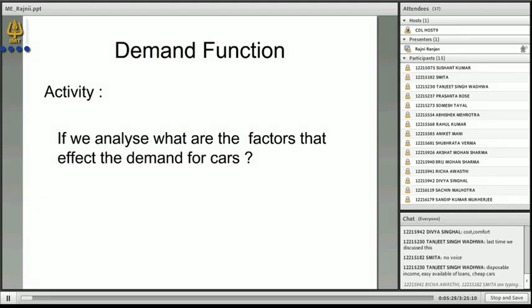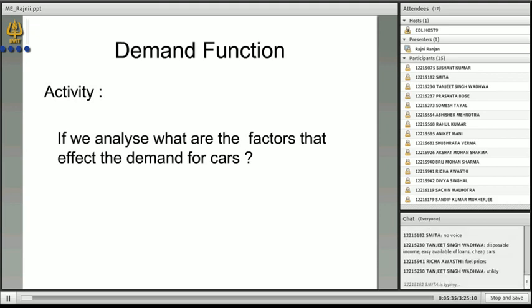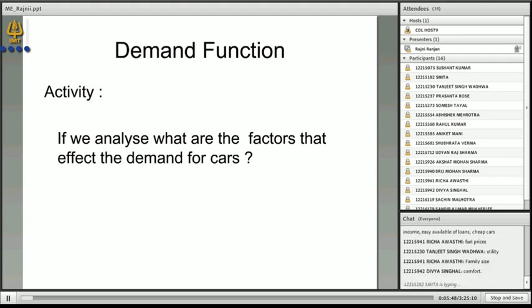And what about other factors? Fuel prices, Richa, yes. Utility.